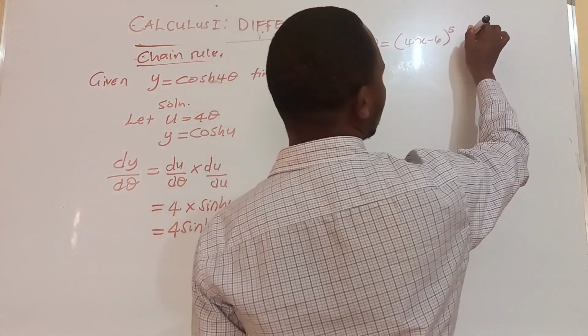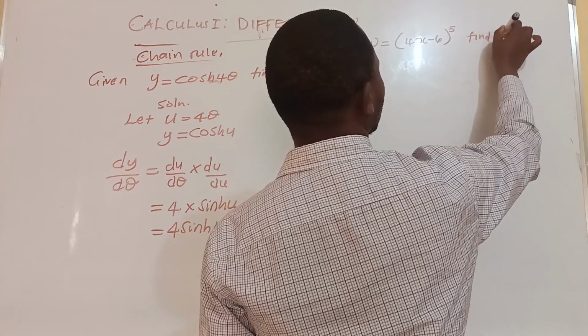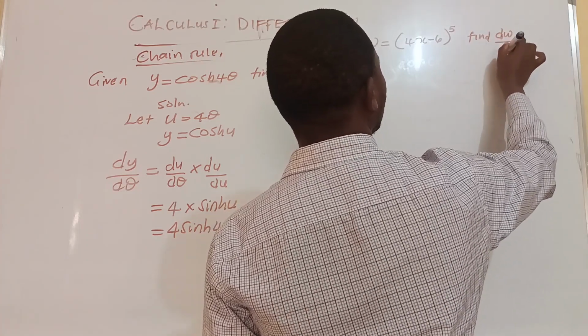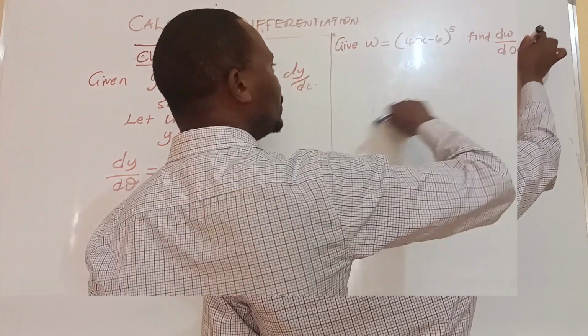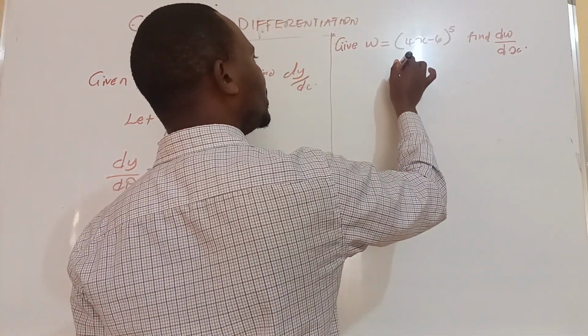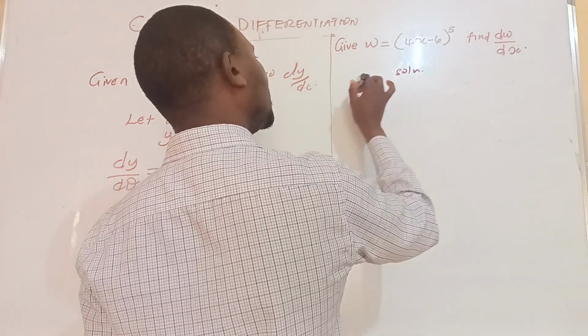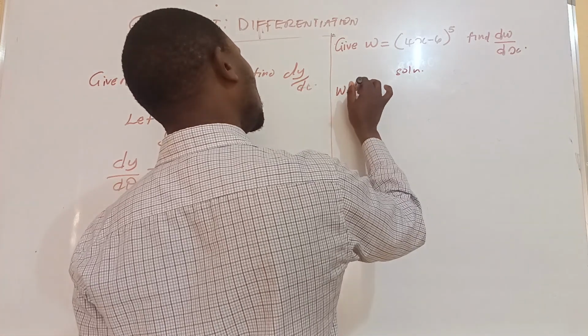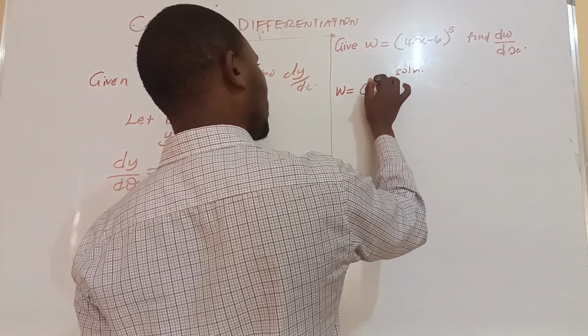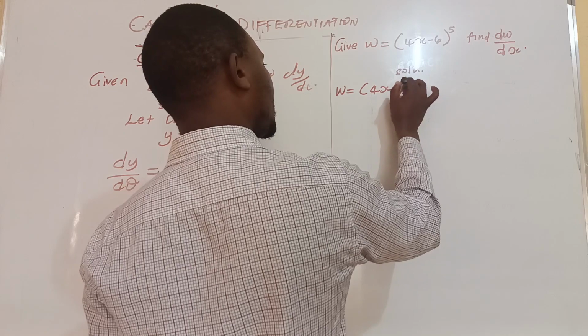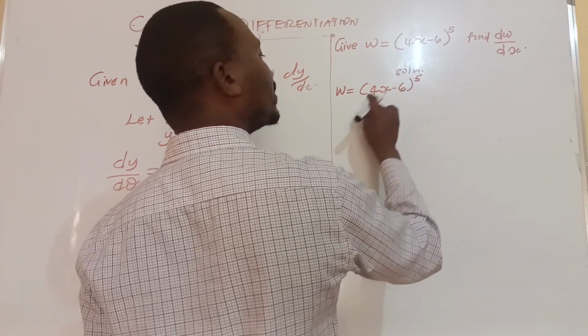We are told find dw dx. The solution will be: take w is equal to (4x minus 6) to the power 5.